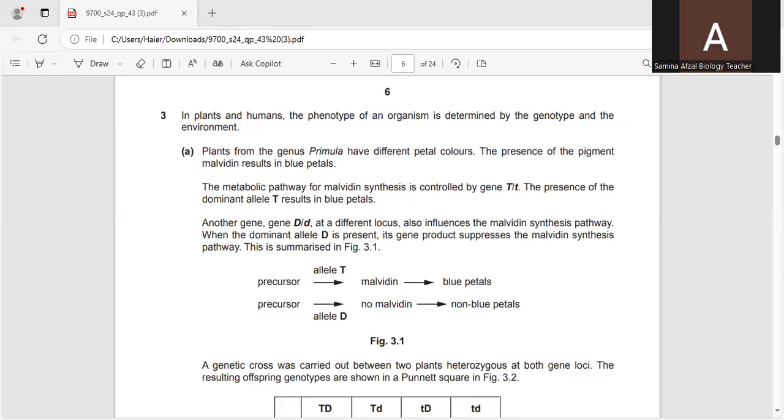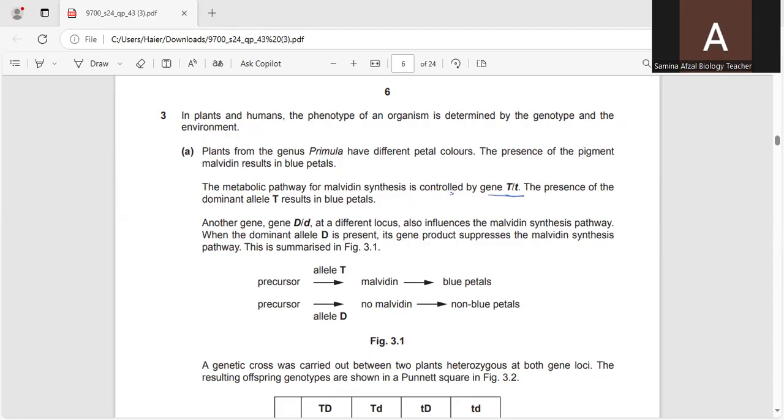Plants from the genus Primula have different petal colors. The presence of the pigment molybdenum results in blue petals. So the metabolic pathway for molybdenum synthesis is controlled by gene capital T small t, and the presence of the dominant capital T results in blue petals.